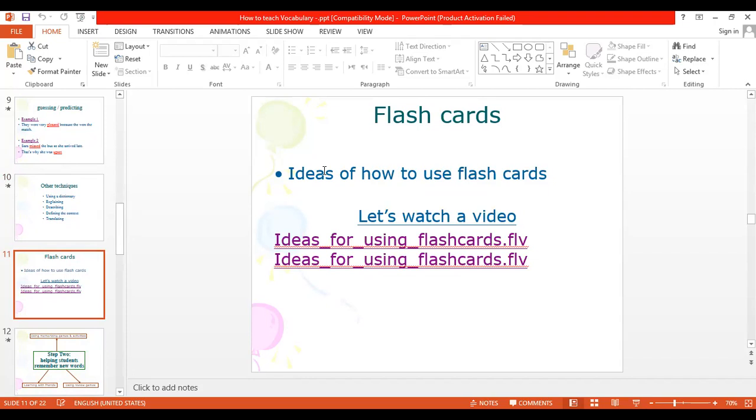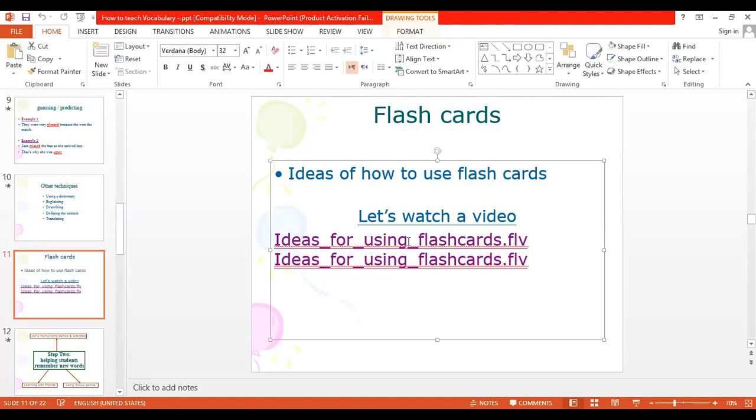So I found a very interesting video with the Macmillan book. A Macmillan book prints out a lot of flashcards, and here is a video. I hope the link works. You can watch how the teacher uses the flashcards in many ways, which is more effective. Hopefully the link works, inshallah.